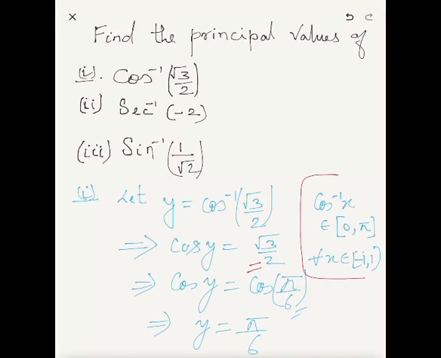Cos 30 gives you root 3 by 2. When you go to the second quadrant, it will be minus. Since in the second quadrant cos value is minus, I am not taking the second quadrant. From the first quadrant only we got the answer pi by 6, which is also in 0 to pi.